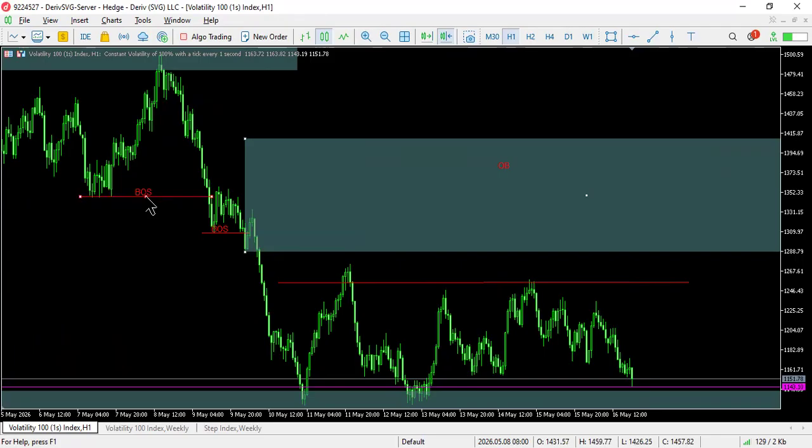So from the 1 hour time frame, I can see we have this internal break of structure here.